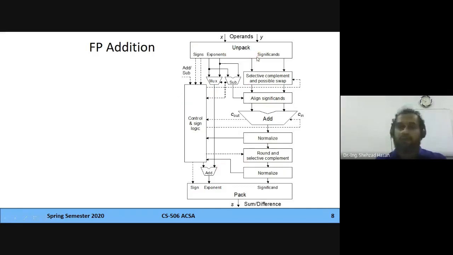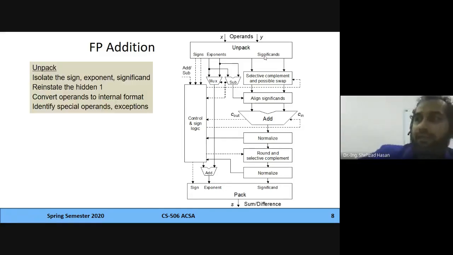Okay, so what are these things? Let's start. When you're talking about a floating point adder, you have to unpack these numbers. When unpacking these numbers, we isolate the sign, the exponent value, and the significand value. That's the first thing you do.